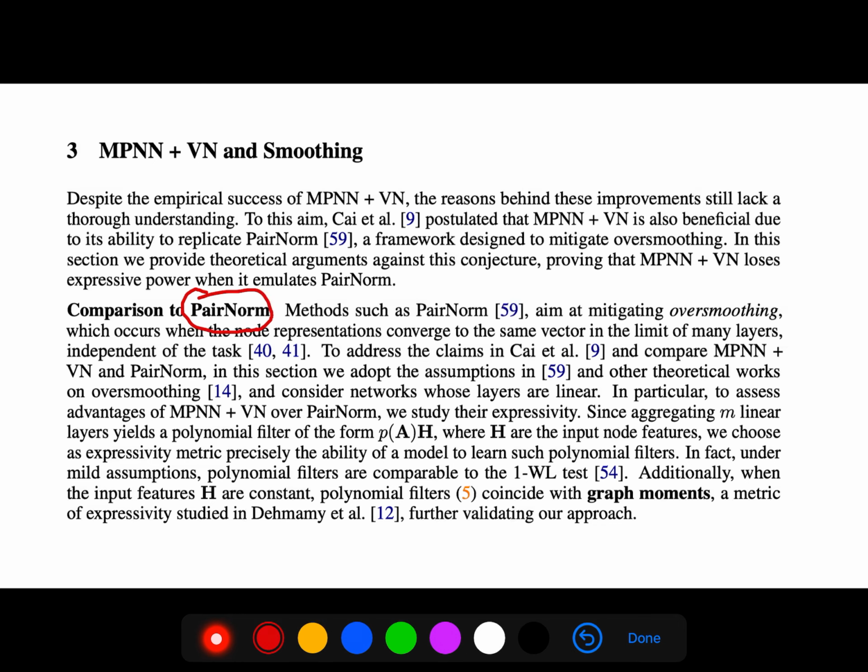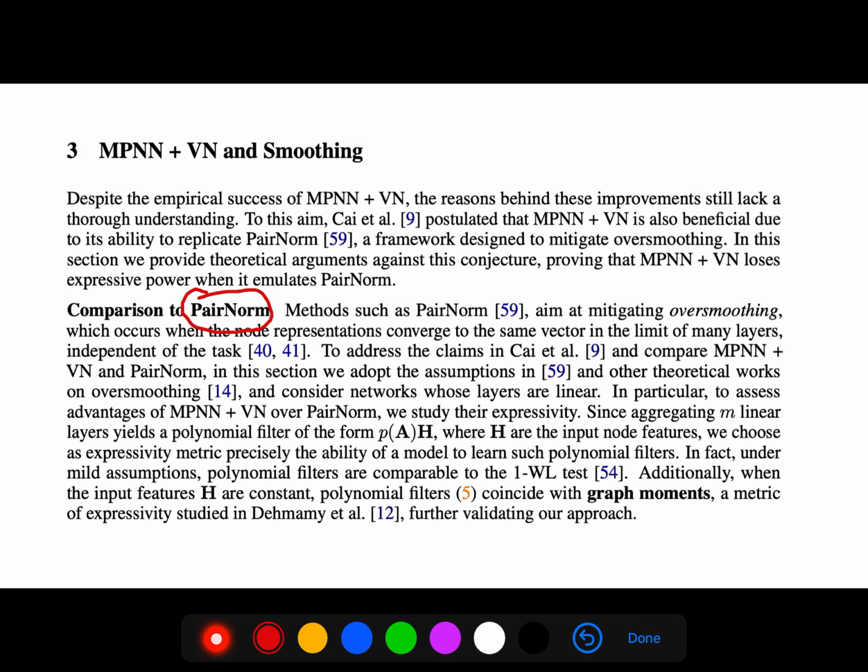To address the claims and compare it with PairNorm, we adopt assumptions from other theoretical works on oversmoothing and consider networks whose layers are linear. In particular, to assess the advantages of message passing neural networks and virtual nodes over PairNorm, we studied their expressivity.